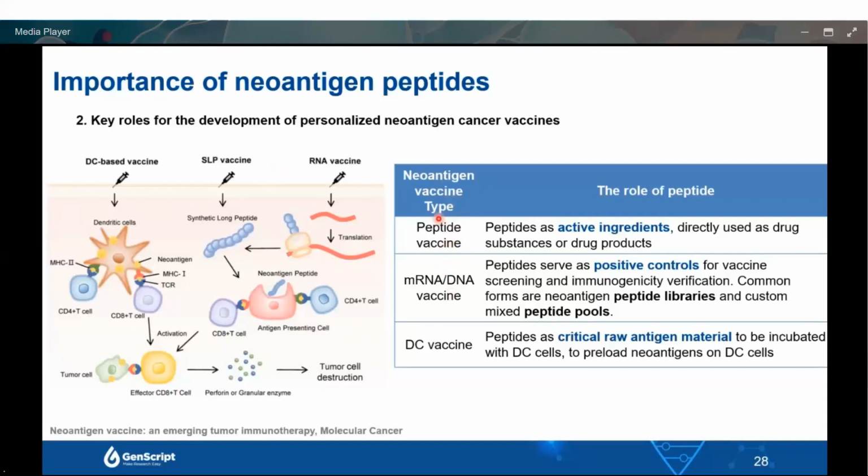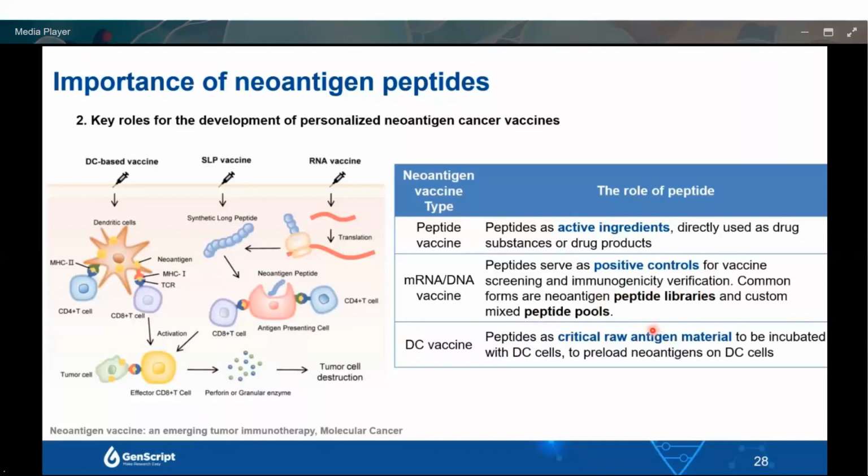For example, here are different vaccine types. If you are developing a peptide vaccine, of course, the peptide itself is used as the active ingredient, so it's directly used as drug substance or drug product. If you are developing an mRNA vaccine or DNA vaccine, neoantigen peptides can serve as positive controls for vaccine screening and immunogenicity verification.